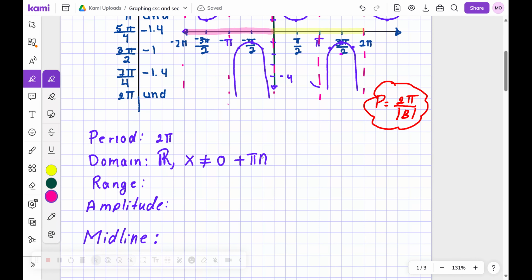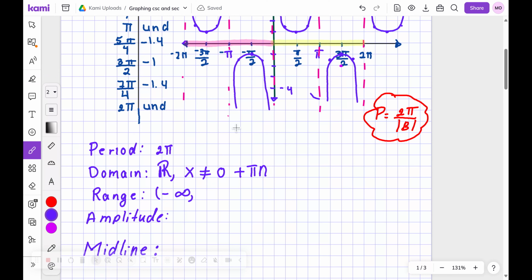All right, the range. The range has a restriction too. So the range is bottom to top. So we're coming from negative infinity, and we hit the maximum of this one, which is -1, including the -1, and then you put union, and then you go to your other minimum.